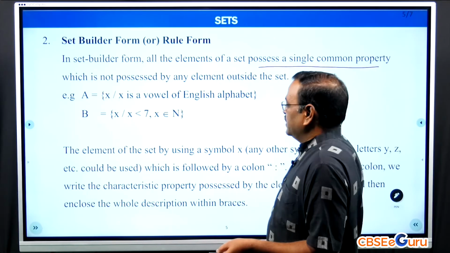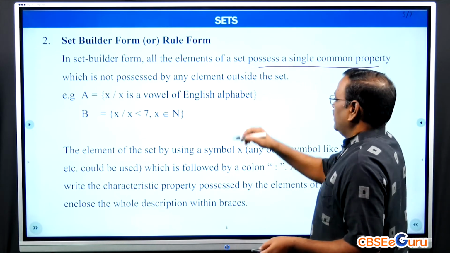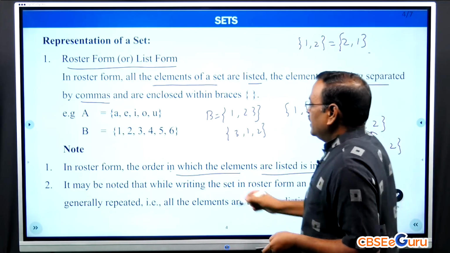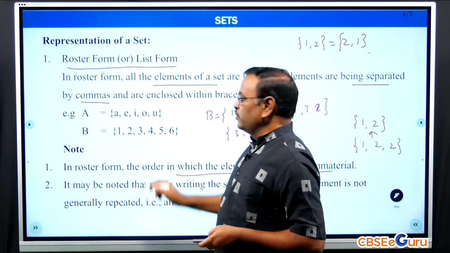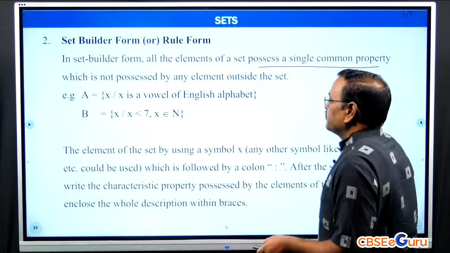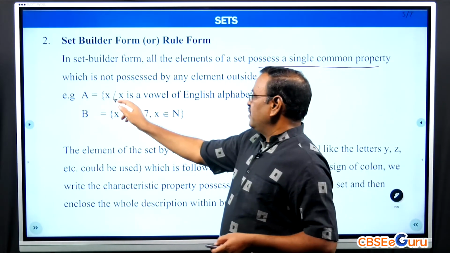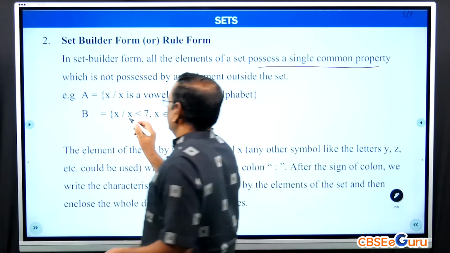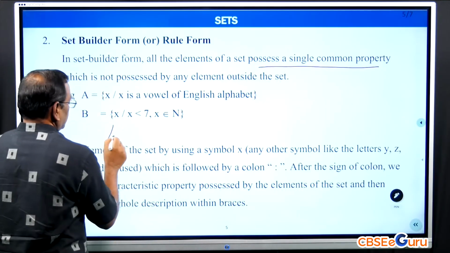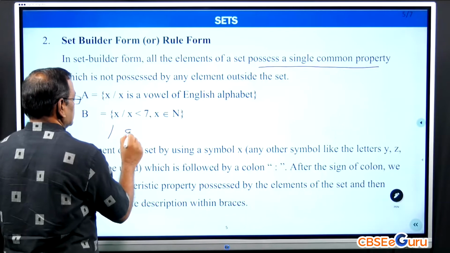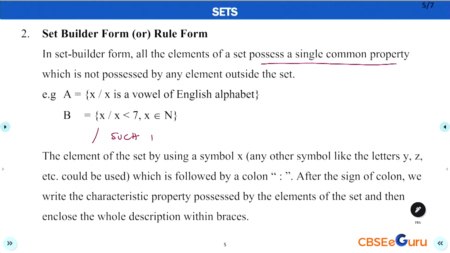Previously, see here, A is {A, E, I, O, U}. Now, the same set is the set of all x such that, this symbol is used for such that. How to read it? Set of all x such that x is a vowel of the English alphabet.